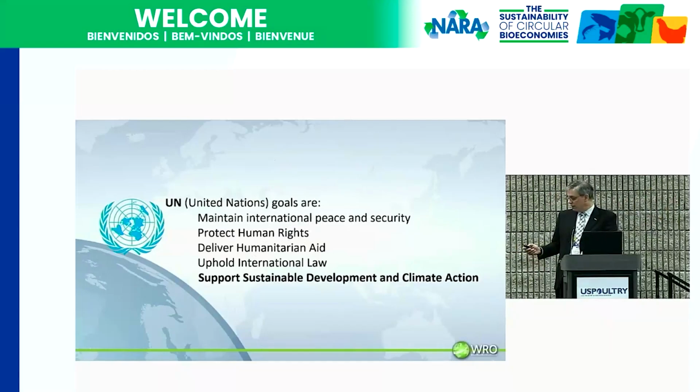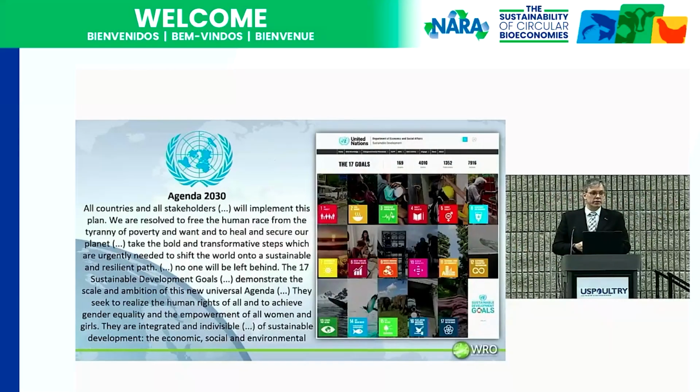And what they did, they created the Agenda 2030. If you're not aware of what the UN SDGs, the Sustainable Development Goals, are, you had better pay attention to that. I can tell you that the vast majority of climate actions that countries are adopting come from this agenda.